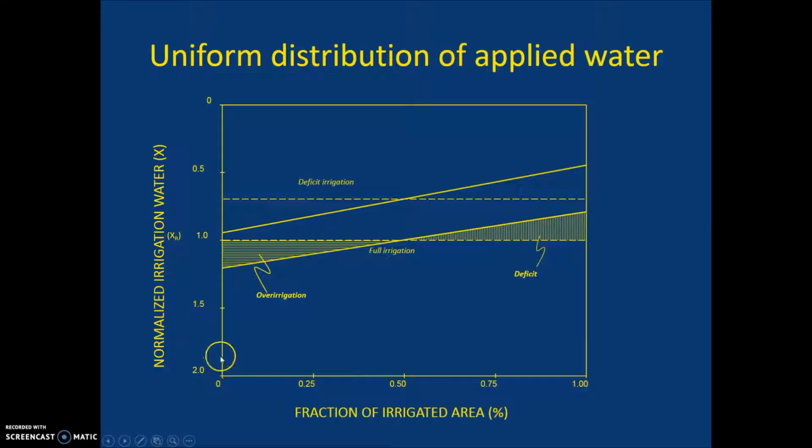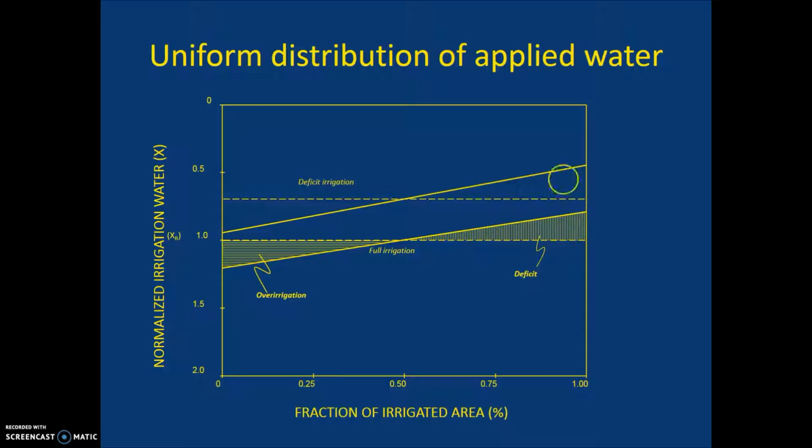In this case, if we plot the amount of water applied, 1 would correspond to full irrigation, which means applying the evapotranspiration of the crop. We see here that with this uniform distribution, which means that the applied water versus fraction of irrigated area is a linear relationship, we see places in the field where the amount of water applied is less than that corresponding to full irrigation.